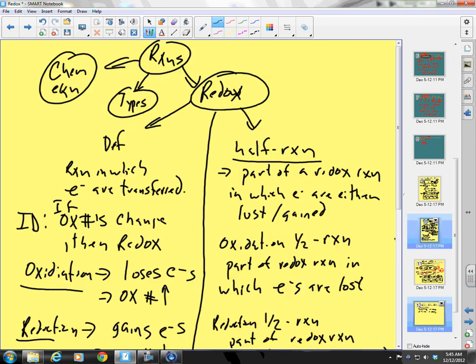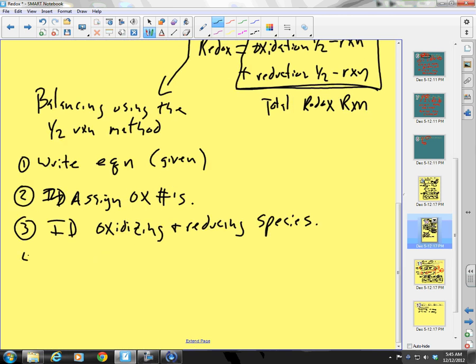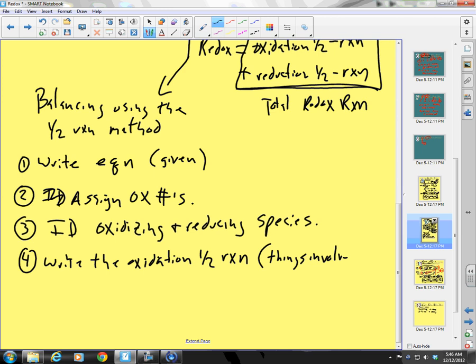Okay, let's go back to our notes. Next, what do we want to do? We want to write the oxidation half reaction. Okay, and what we mean by that is we want to write the species involved, what atoms are involved in the oxidation.